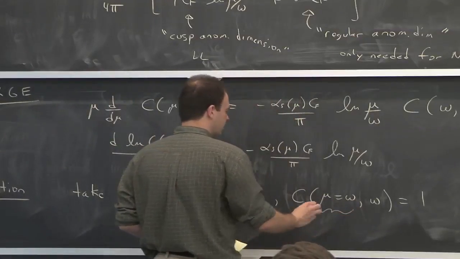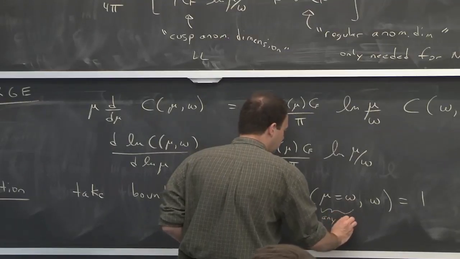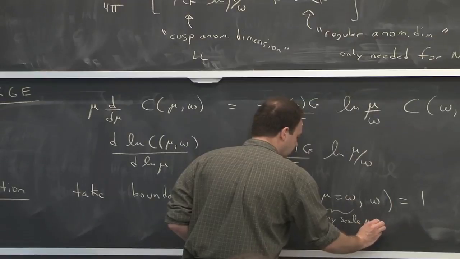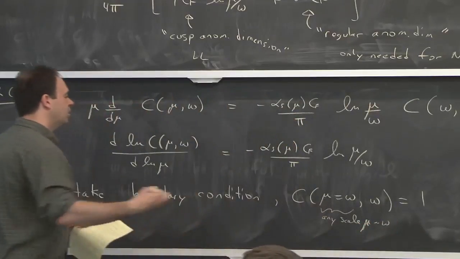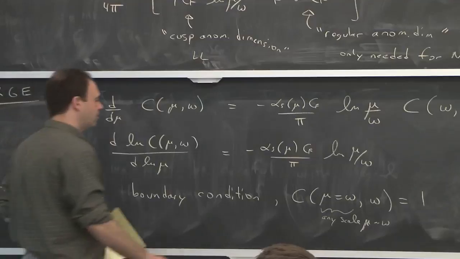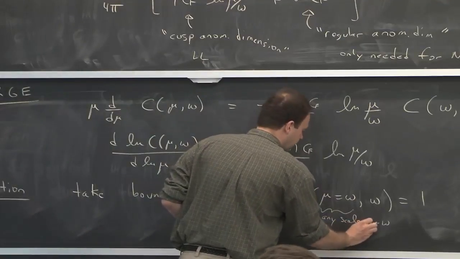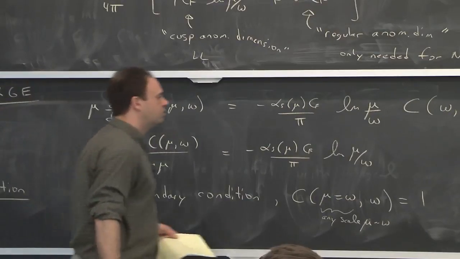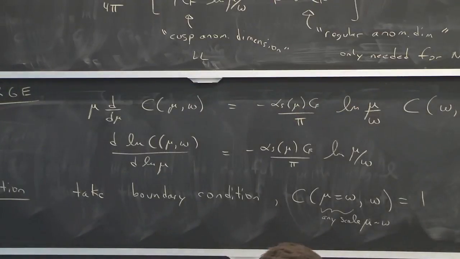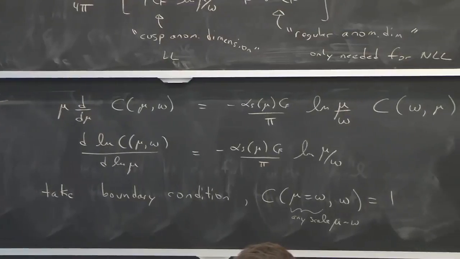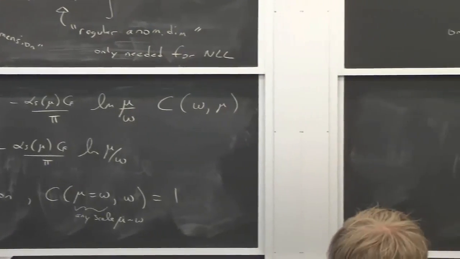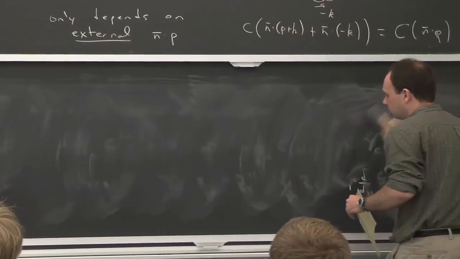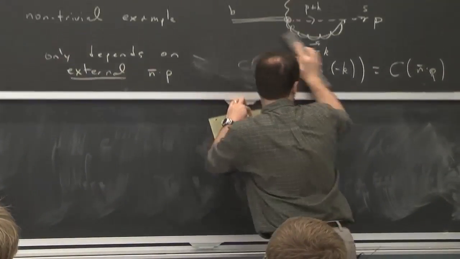In general, you could make this any hard scale, i.e. any scale mu of order W. So you could call it something mu naught and consider the renormalization group from that scale. But for convenience, I'm just taking that mu naught to be W here.